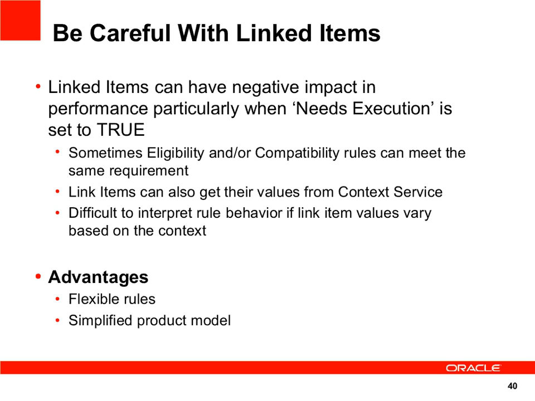Sometimes very confusing for users. They come to you and say, okay, my product works in quotes perfectly, in order it has a completely different behavior, but it's exactly the same product definition, and I don't understand why. If you have a lot of linked items and rules based on linked items, this can generate a lot of confusion and it can be difficult to find out what's going on. So be careful with linked items.